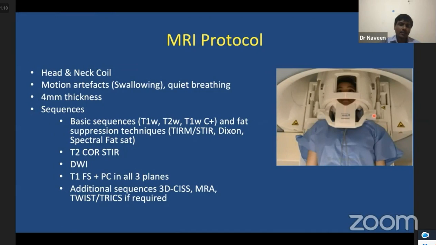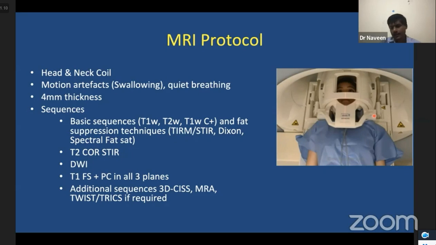If the lesion is in the parapharyngeal space, which can be seen on an initial scan, or if the patient initially had a CT scan, then the center of the lesion is placed at the center of the scan so that we can know the intracranial extension of the lesion. If we only scan the base of skull to the thoracic inlet, then we may miss the intracranial extension.